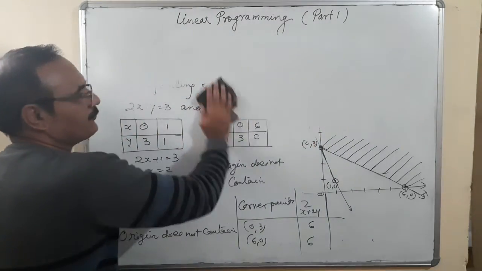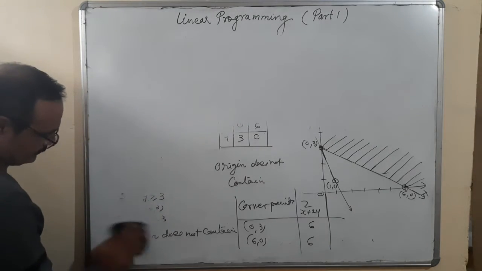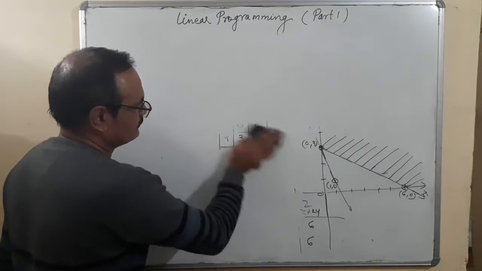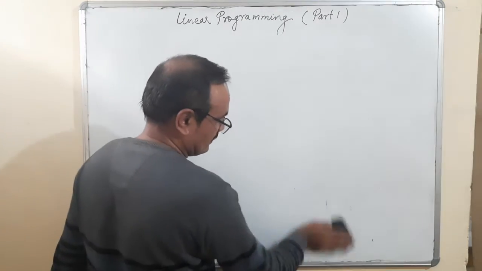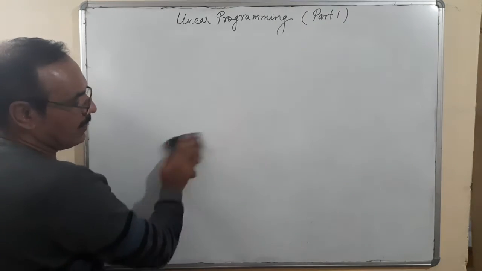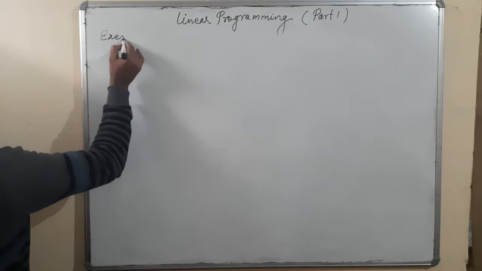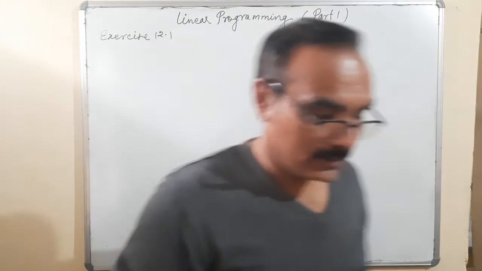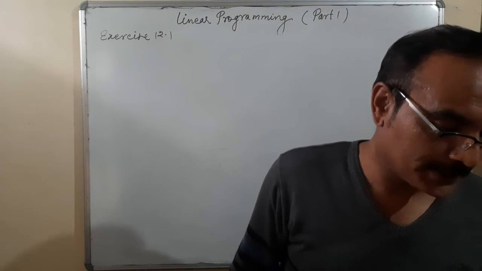One more question I am taking from the exercise 12.1. Now solve the minimum of the z occurs at more than 2 points.